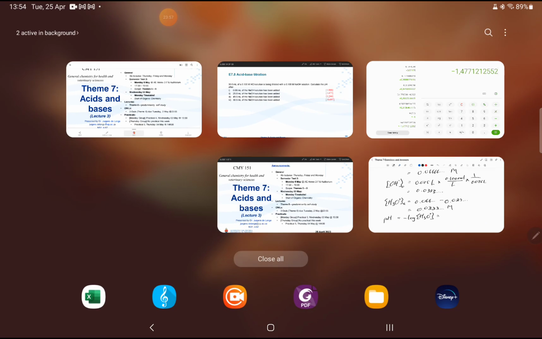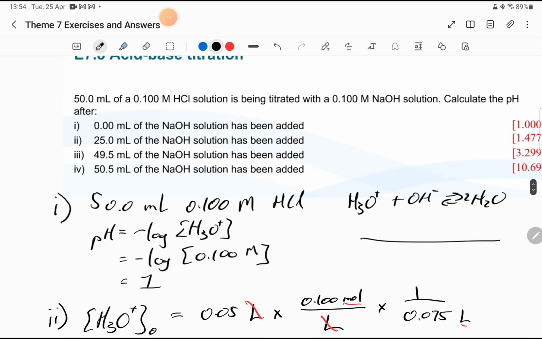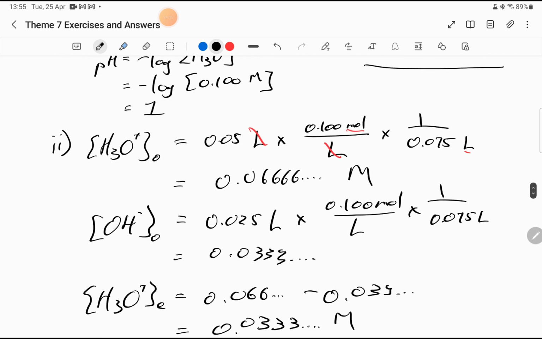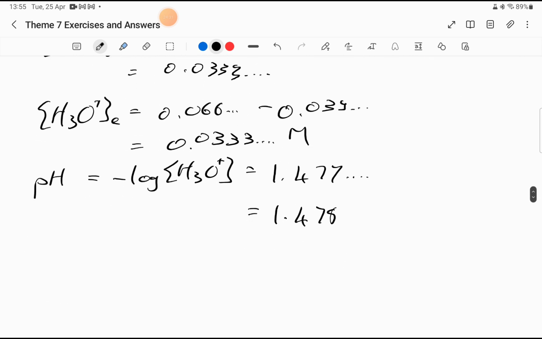Somewhere in that range, 1.477, etc. Our significant figures are 3 significant figures in all cases. So for a logarithm, that means we'll write it to 3 decimals. So we can see our pH, which went from 1 when we only had acid. Now we effectively neutralized half of our acid by adding half of the same volume. But our pH only made a marginal increase from 1 to 1.5, more or less.